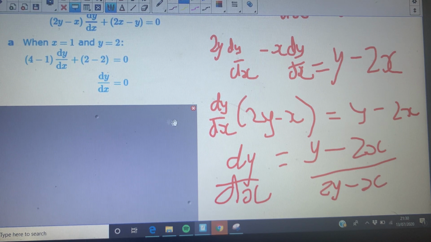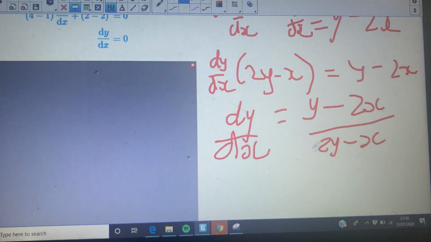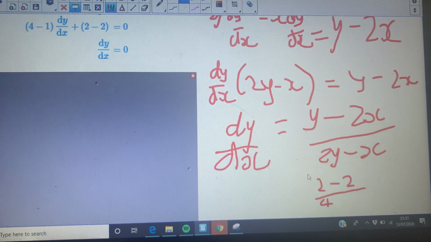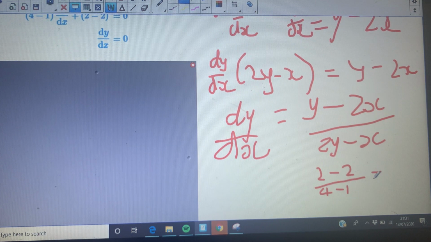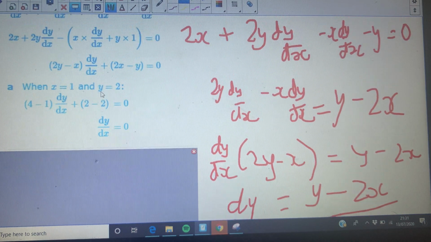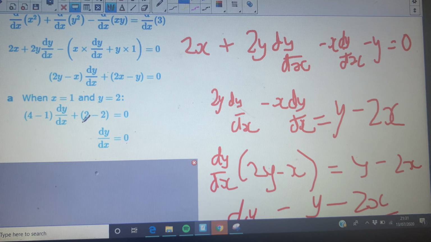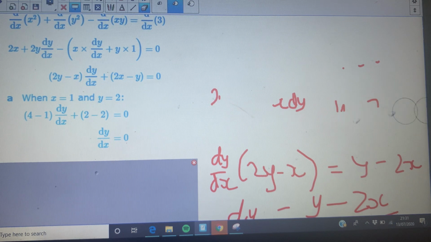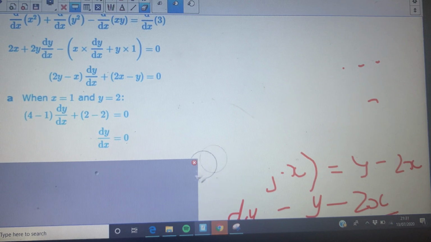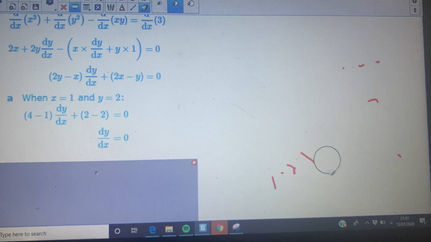And if you now substitute in x equals 1 and y equals 2, you would get 2 minus 2 on the top and 4 minus 1 on the bottom. You're going to get 0. So dy/dx equals 0, and you can see in their version of it, when they substituted in, they also get 0.